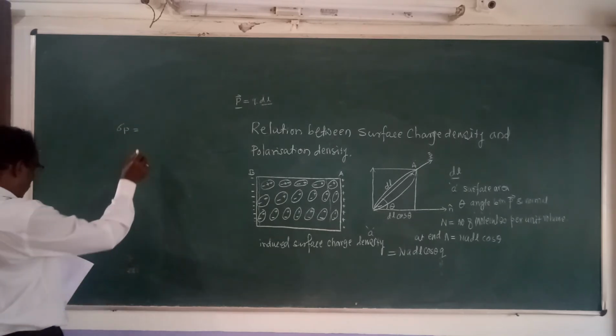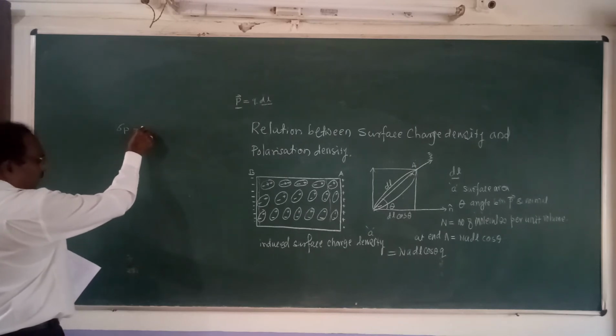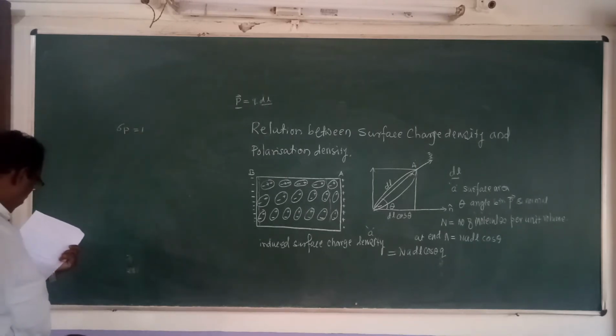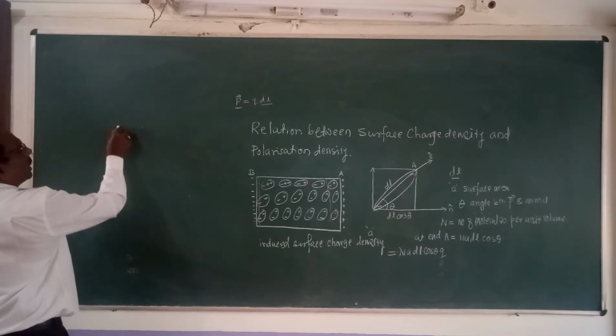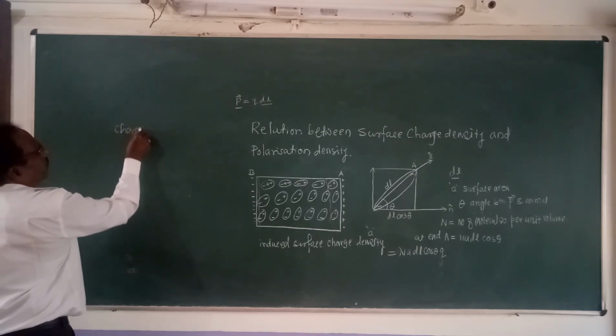We can write this by the symbol sigma p. Sigma p is the charge density.